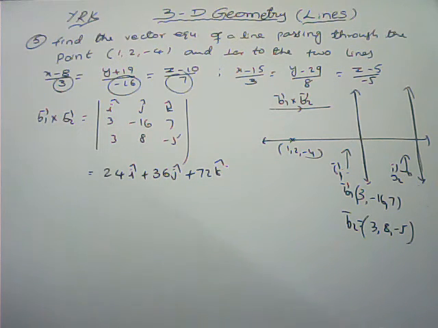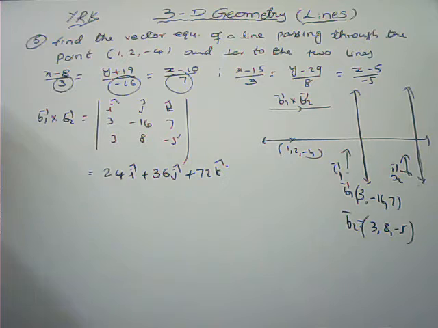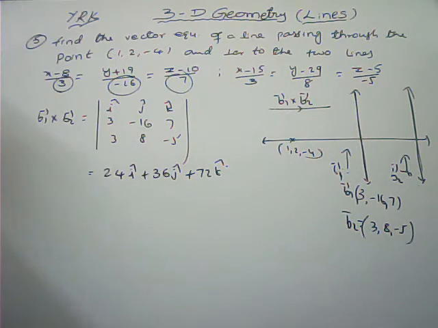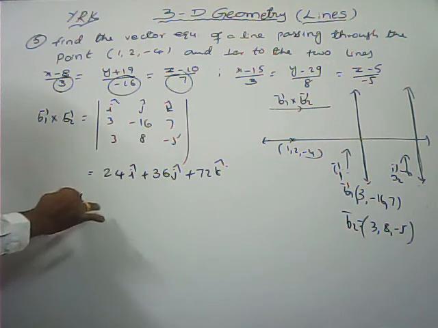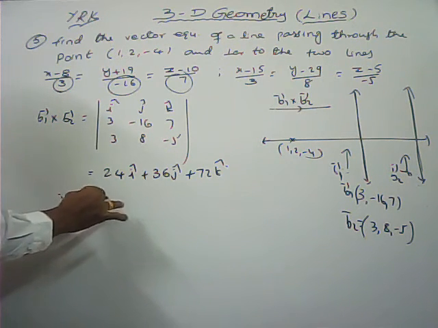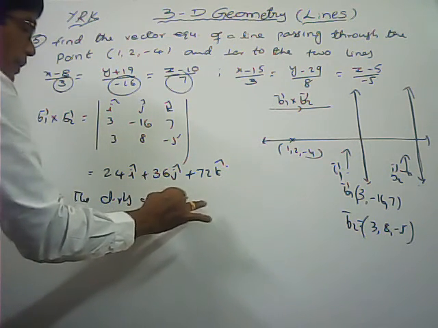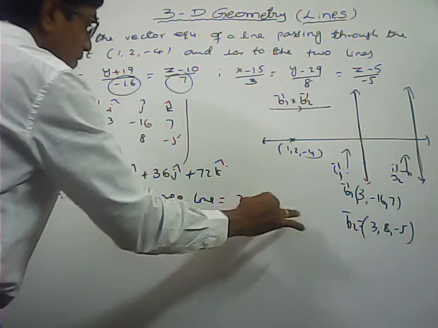That is the b1 bar cross b2 bar, which is parallel to the given line, that is the vector parallel to the given line. Therefore, the DRs of the required line are 24, 36, 72.